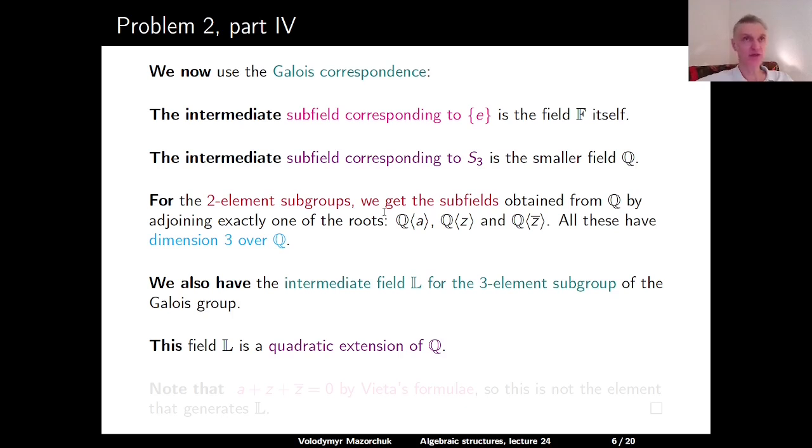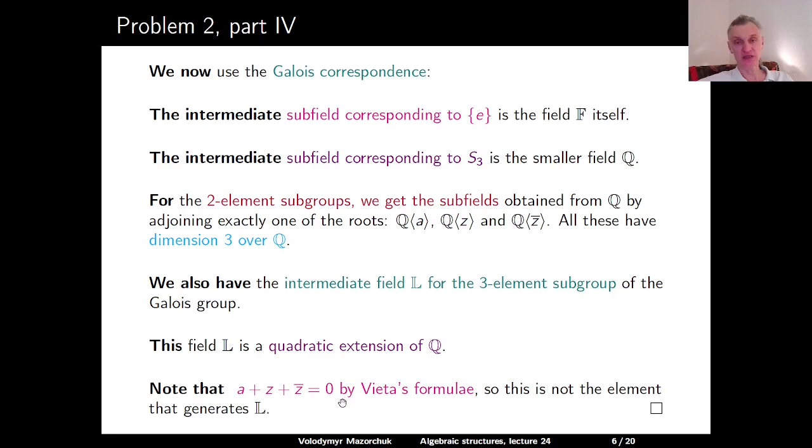To determine this field, we need to solve the equation explicitly. Note that the naive thing, of course, if we have our 3 roots A, zeta, and zeta overlined, if we add them, this will be an element which is fixed by the 3-cycle. Unfortunately, this element is equal to 0 by Vieta's formula, so the sum of the roots of the polynomial is exactly the coefficient of the next term to the leading term, and in our polynomial that is 0.